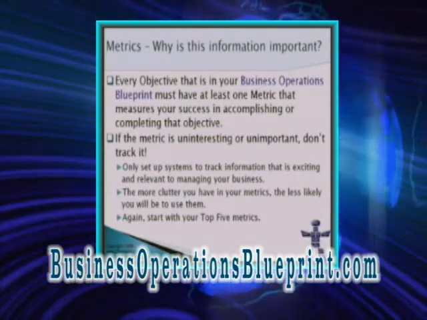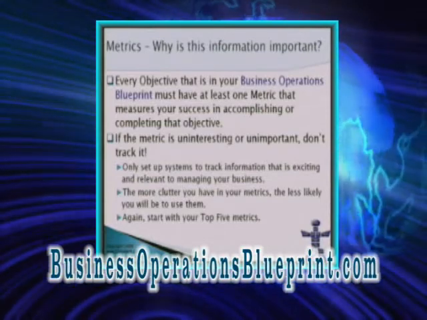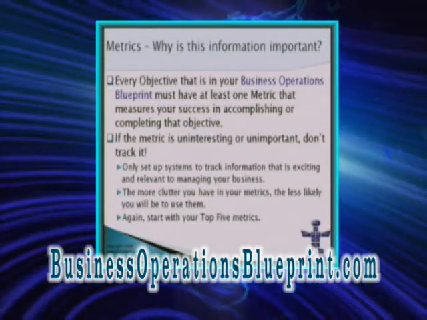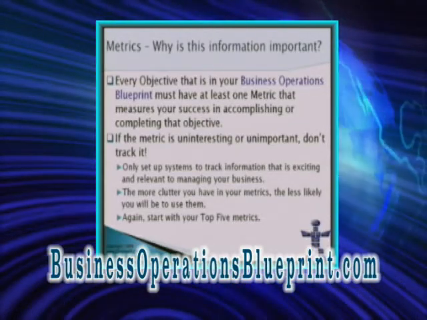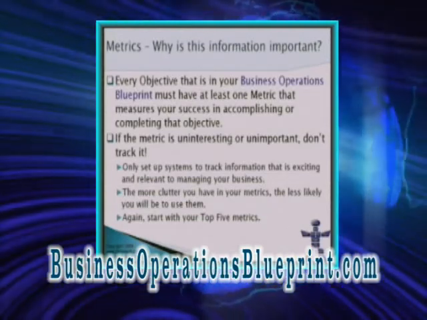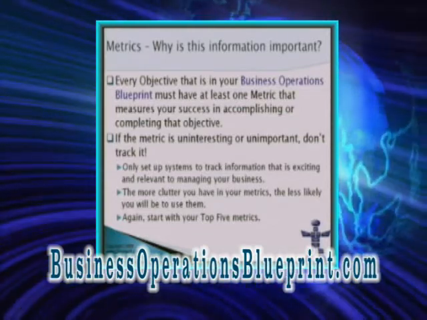So remember that every objective will have at least one metric that will measure your success in accomplishing or completing that objective. Now, again, if the metric is uninteresting or unimportant or irrelevant, then don't track it. You don't have to. Only set up systems to track information that's exciting and relevant to managing your business.